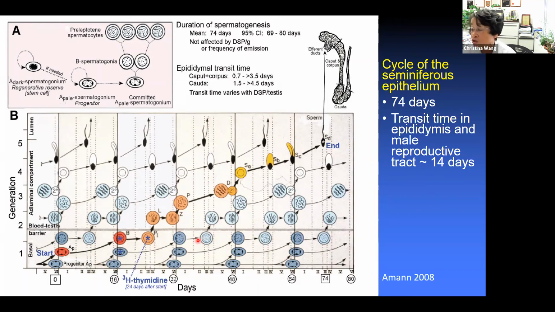In the human, it's classified into 6. So you can see here the A dark, which becomes an A pale spermatogonia. Then it decides it is going to differentiate, and it goes into the spermatocyte. This is where meiosis takes place.